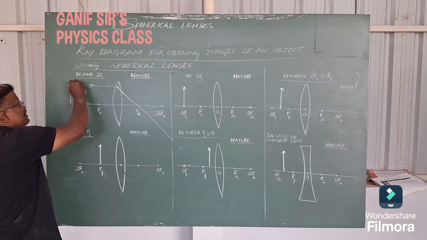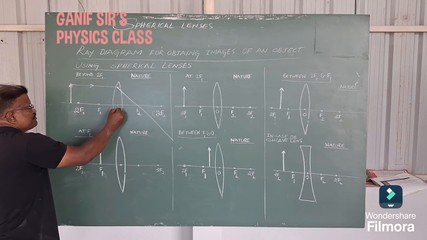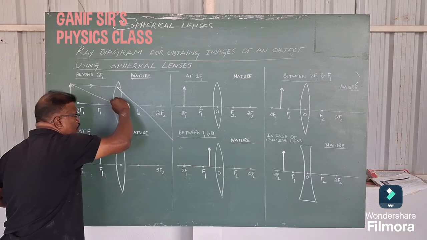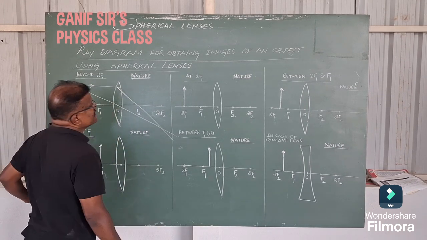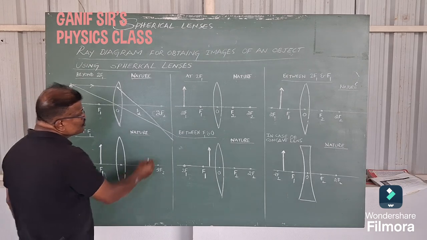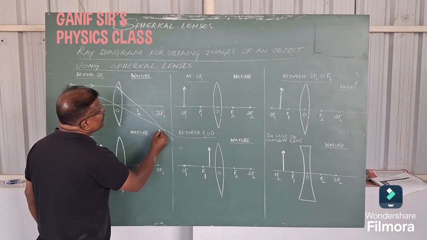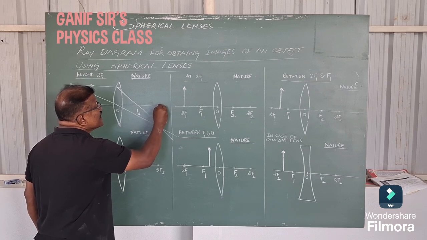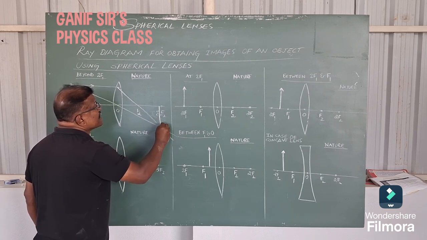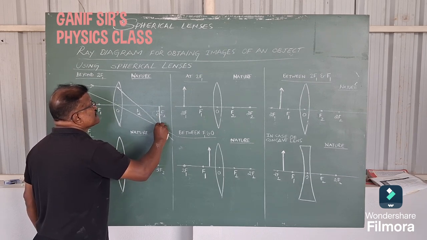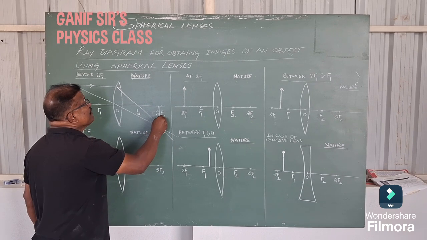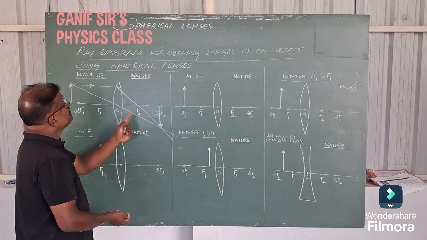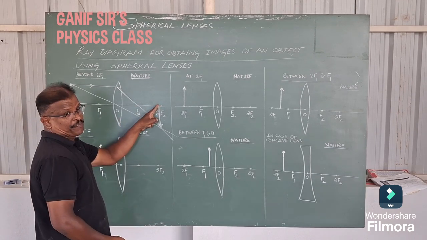And rule 3 states that when a ray is passed through optic center, it moves undeviated. Now see what happens, both the refracted rays get intersected somewhere here. Yes, means the position of the image lies between f2 and 2f2.